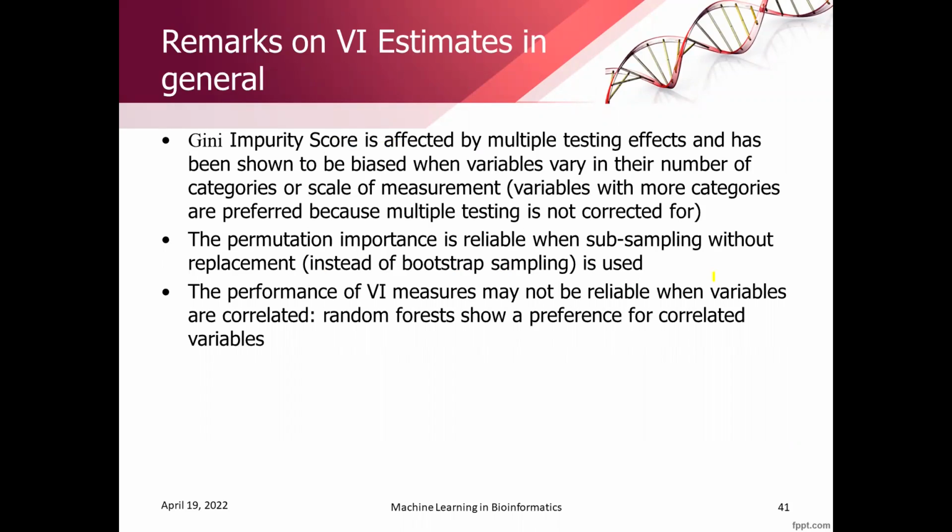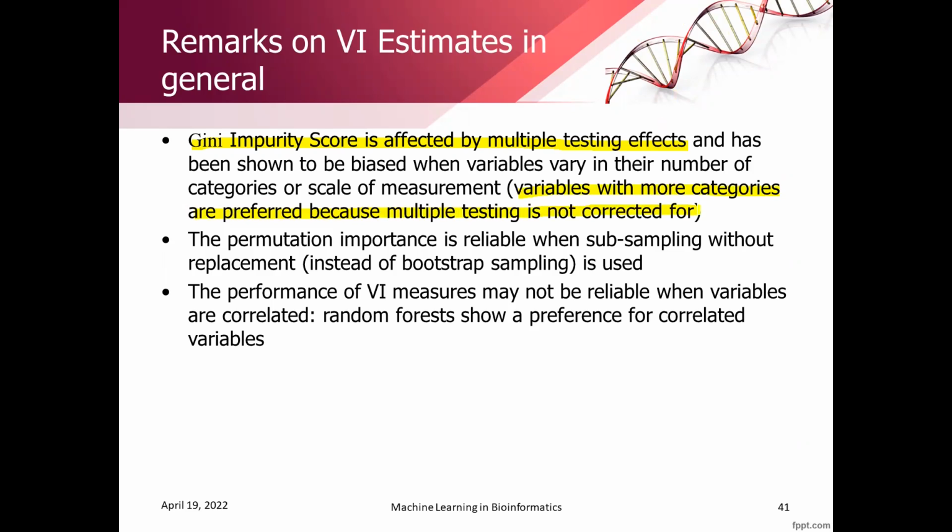It was observed in some example sample data sets that the Gini impurity score can be affected by multiple testing effects, and it has been shown that it could result in some biased classifiers. For example, variables with more categories are preferred.